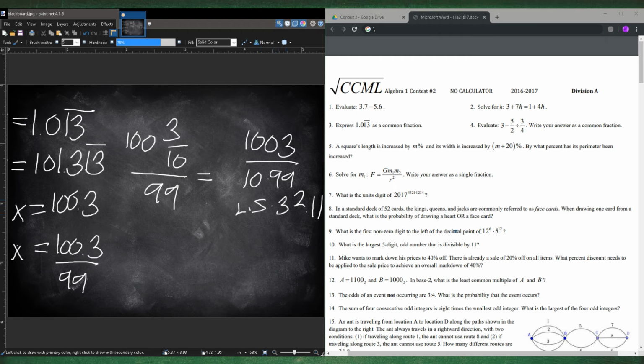Is it divisible by 3? That's 9, 1, 13. So it's not divisible by 3. Is it divisible by 11? 11 makes 99, so that's 113. So no, it is not divisible by any of these numbers. So it's just 1003 divided by 990. So that's the answer.